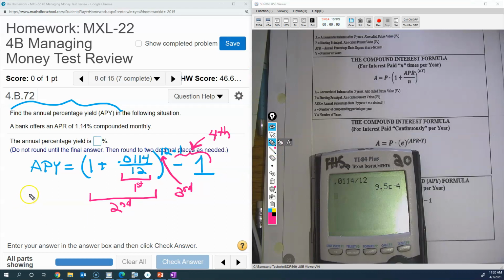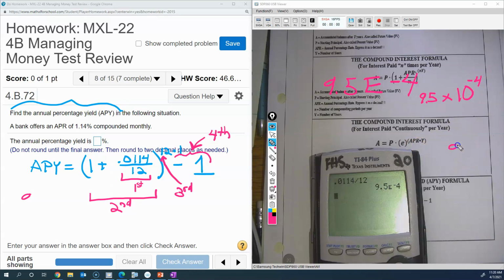Okay, so this answer on your calculator, 9.5 e to the negative 4. What that means is that's 9.5 times 10 to the negative 4.